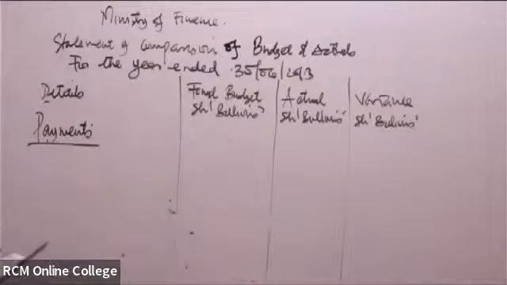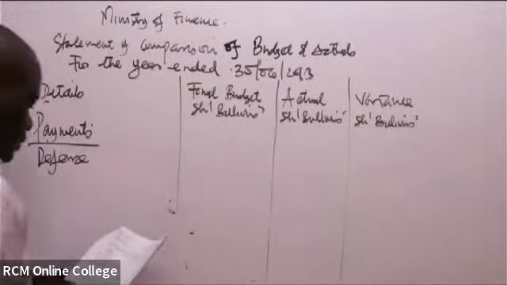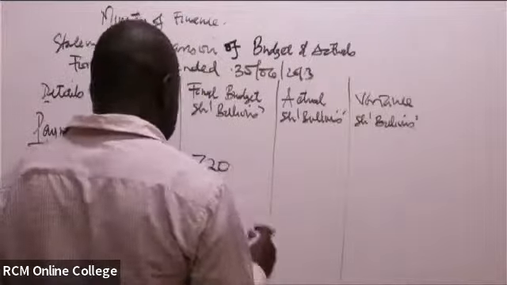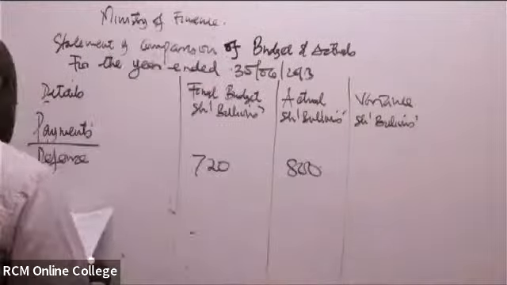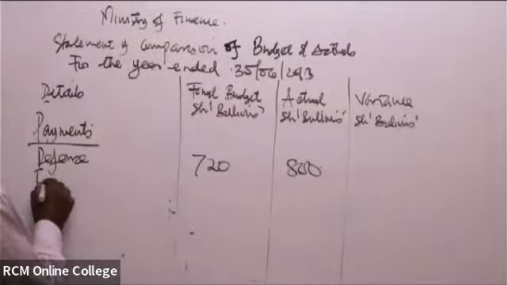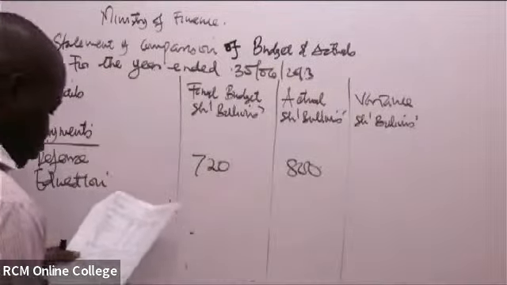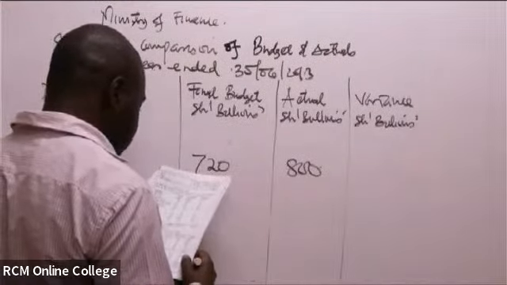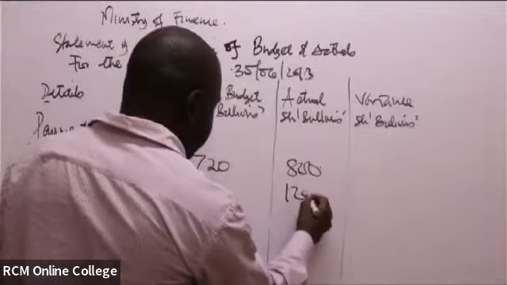With regard to payments, the first payment is defense. They were anticipating a final budget of 720, but they ended up spending 800. For education, they were anticipating a final budget of 1,200, and what they actually spent was the same amount.